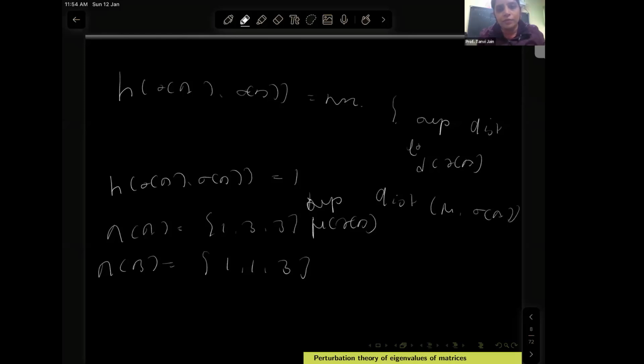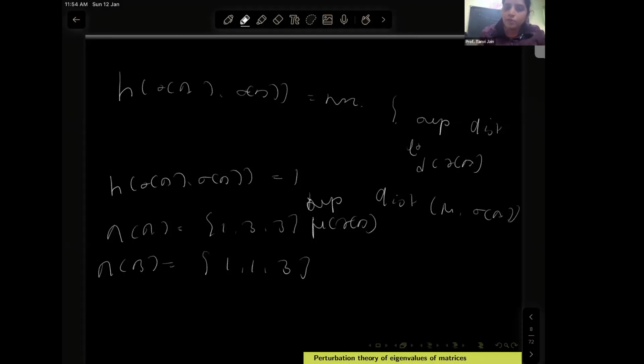So H(sigma A, sigma B) will be 0. But clearly the distance between lambda A and lambda B will not be 0. That gives me a clear difference between H(sigma A, sigma B) and d(lambda A, lambda B). So we got this idea by using examples.